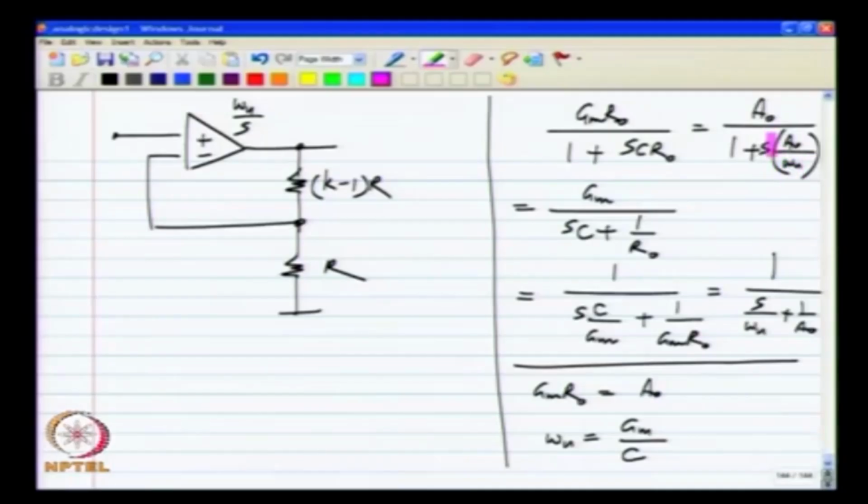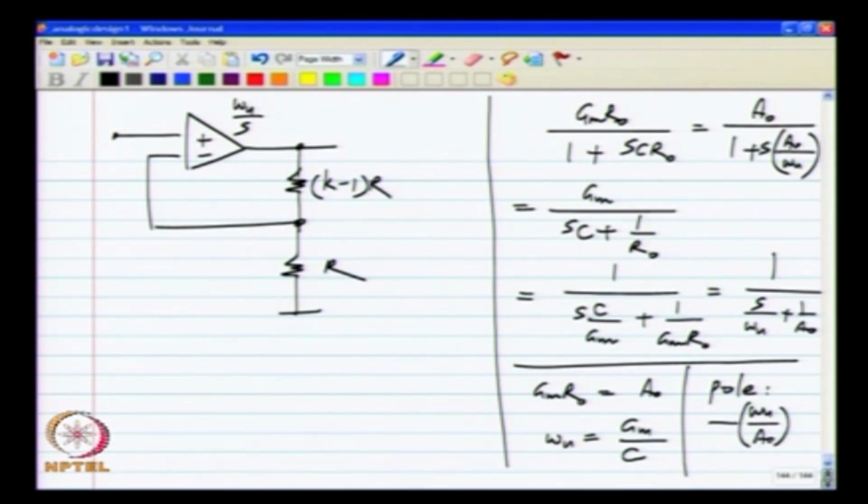I will always use the unity gain frequency omega u and the DC gain a naught as the primary parameters, and the third one can be derived from it. So, the pole is at omega u divided by a naught. The pole of this system is at minus omega u by a naught.